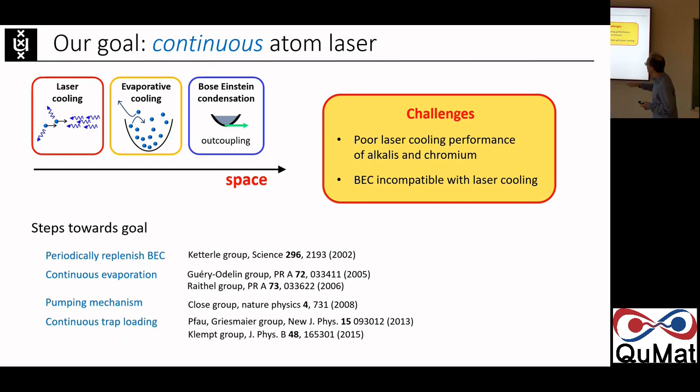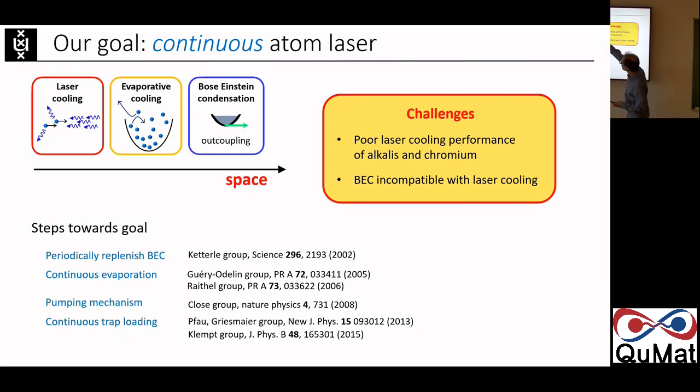And in addition, a BEC is really incompatible with laser cooling. Imagine you have atoms in a BEC, they're essentially standing still. And if there's a little bit of laser cooling light around, an atom might absorb one of these photons and that gives a momentum kick of the photon onto the atom, and this atom flies away with a centimeter per second velocity. That's a thermal atom, it's not a BEC atom anymore.